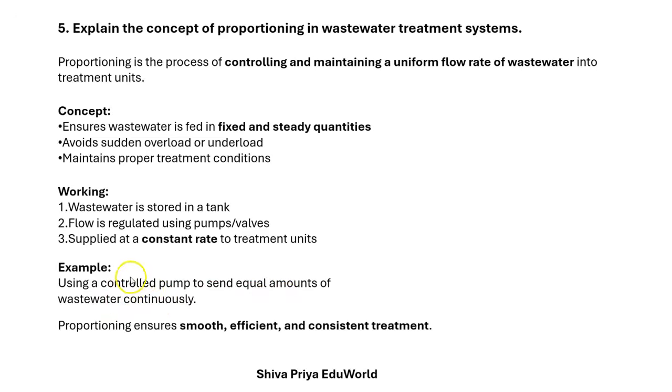Proportioning ensures smooth, efficient and consistent treatment. Whatever I am explaining here are all strategies to prevent the pollution in the wastewater. Clear? We are controlling the pollutants which are present in the wastewater.